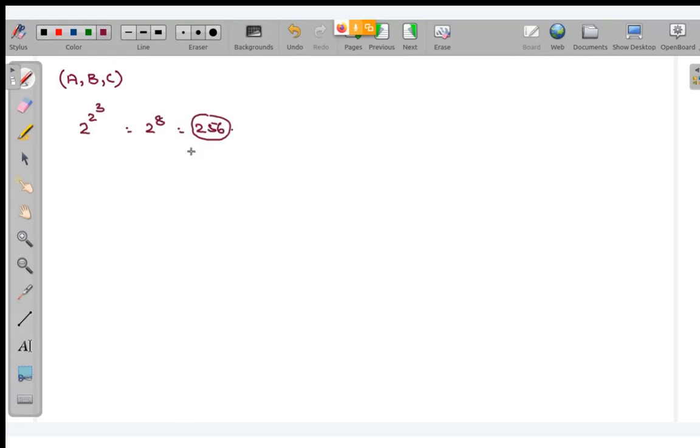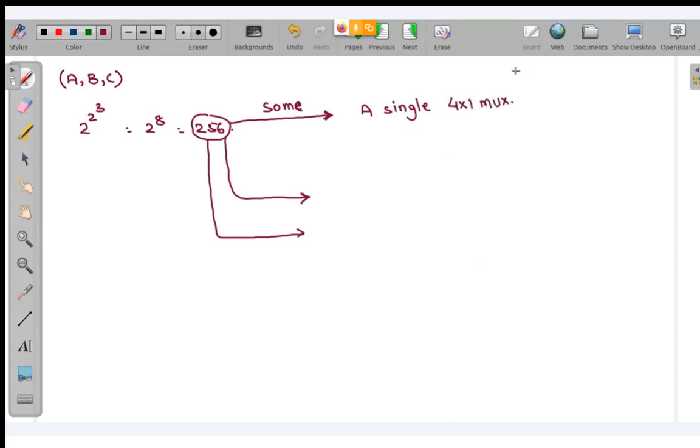I can construct some of these functions using a single 4 cross 1 mux, or all the 256 functions using two 4 cross 1 mux.